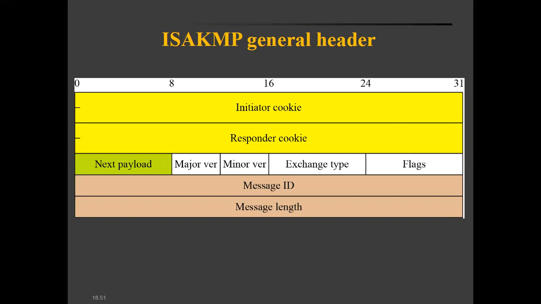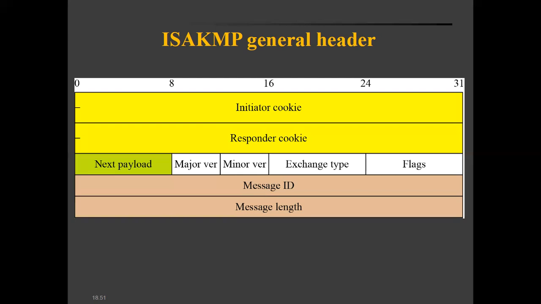Then the next field in the ISAKMP header is the exchange type. This is again an 8-bit field which defines the type of exchange being carried by the ISAKMP packet. We have discussed the different exchange types in the previous video. Then the next one is the flags. This is an 8-bit field in which each bit defines an option for the exchange. So far only the three least significant bits are defined.